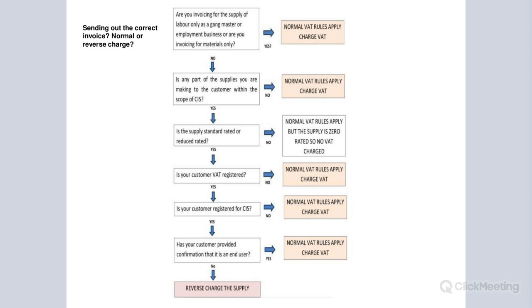So then you would go on to the question, are the supplies you're making to the customer within the scope of CIS? That means, is your trade one of building buildings and structures, repairing buildings and structures, installing kit into buildings and structures? My guess is that none of you are in the business of selling chocolate bars.